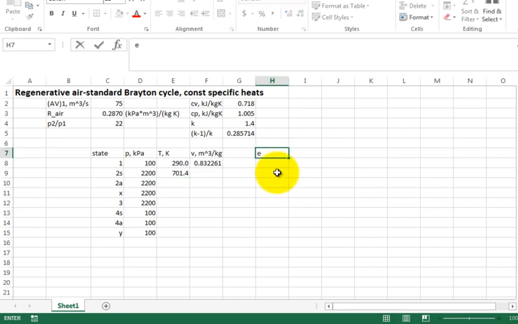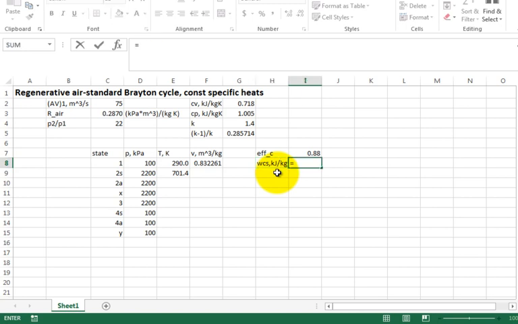The isentropic efficiency of the compressor in our problem was given to be 88%, right? All right. What I can do is say, what would be the work that the compressor needs if it was isentropic compression in units of kilojoules per kilogram?